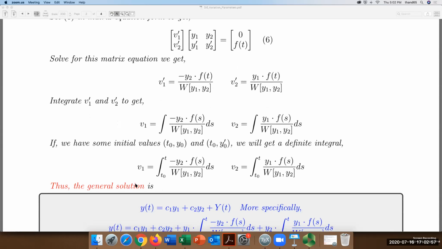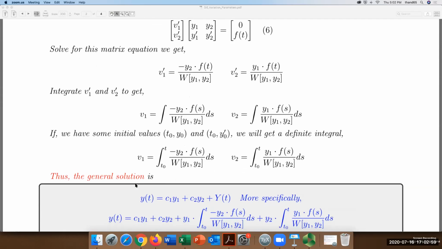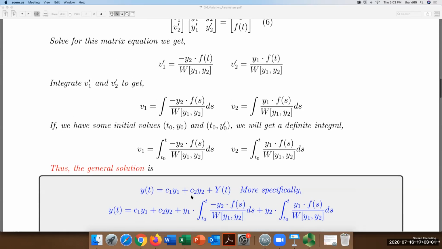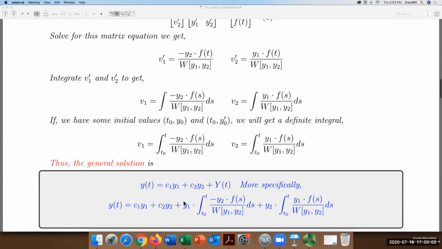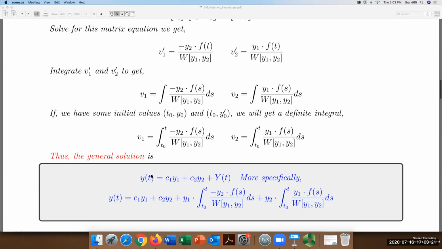Once you have V1 and V2, you plug them into the formula: V1 times y1 plus V2 times y2 will give you the specific solution big Y of t. Once you have the specific solution and you already found the fundamental set of solutions y1 and y2, you can find the general solution y of t equals c1 y1 plus c2 y2 plus big Y of t.